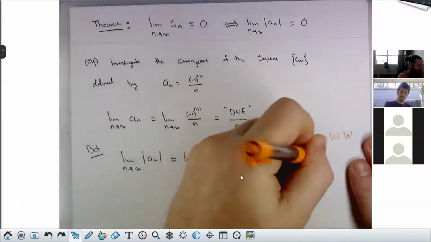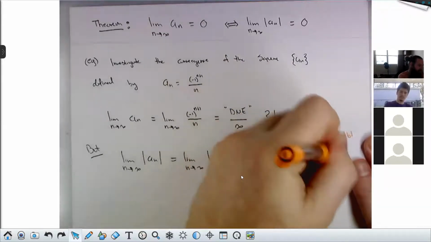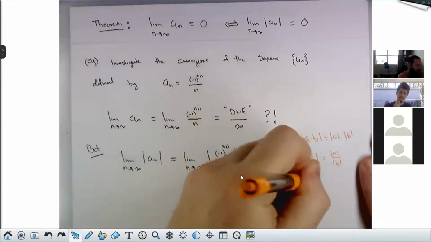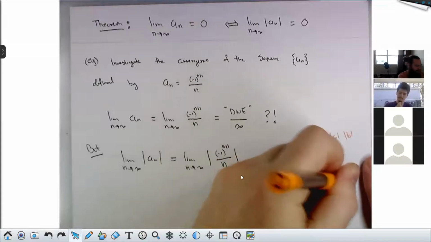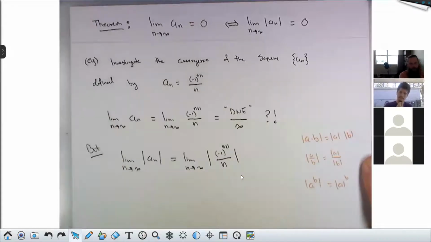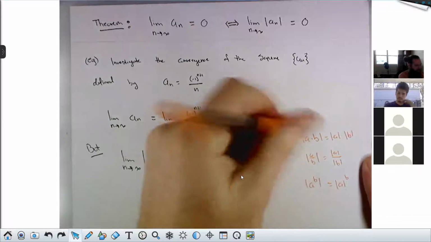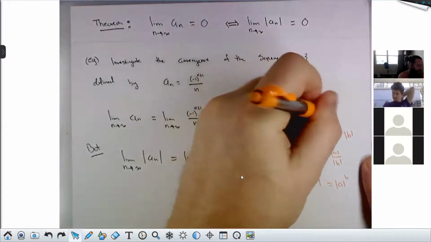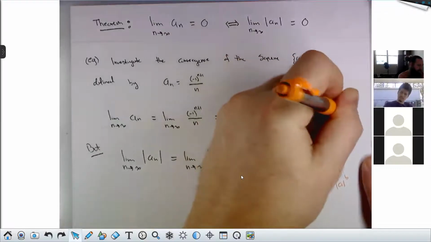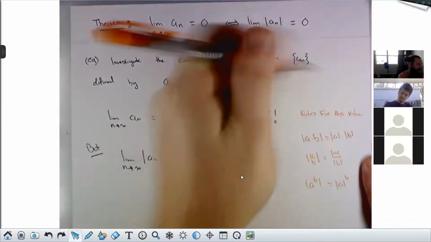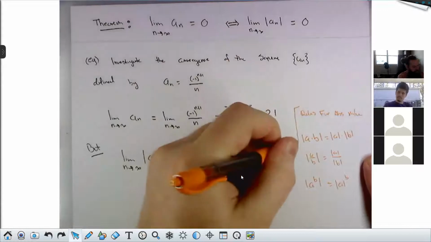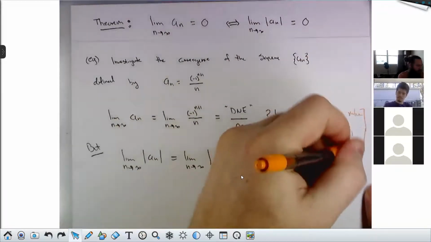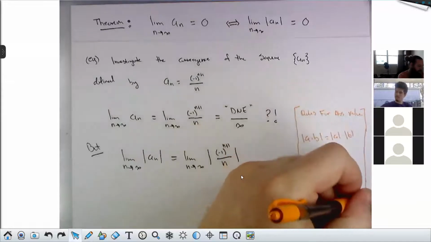They play nice with division. And they play nice with powers, like this. So these are some nifty rules for the absolute value. We'll be using these somewhat often, not just in this section, but in later sections. If these aren't things that you've internalized in your past, now is a good moment to do so.